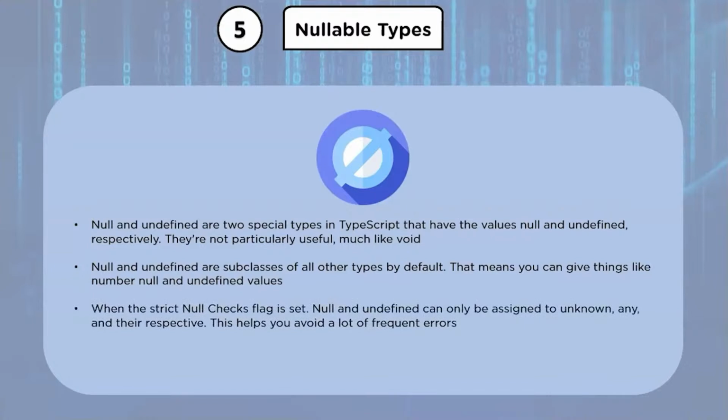When the strict null checks flag is set, however, null and undefined can only be assigned to unknown, any, and their respective types. This helps you avoid a lot of frequent errors. You can use a union type, string, null, or undefined, if you want to send in either a string, null, or undefined.